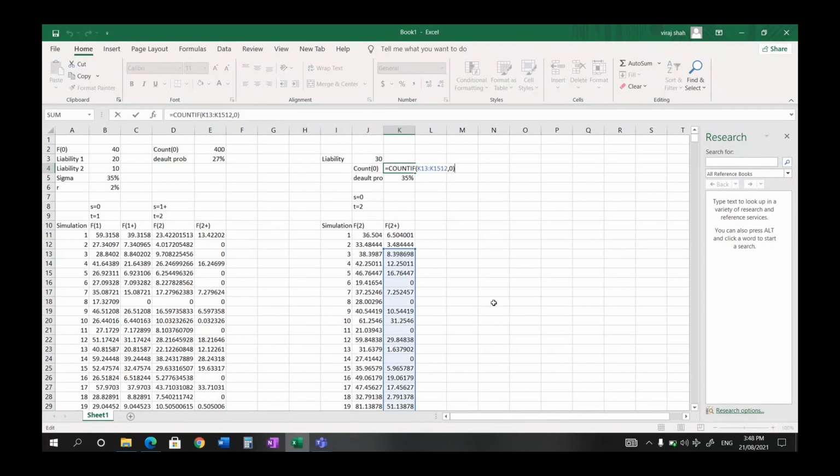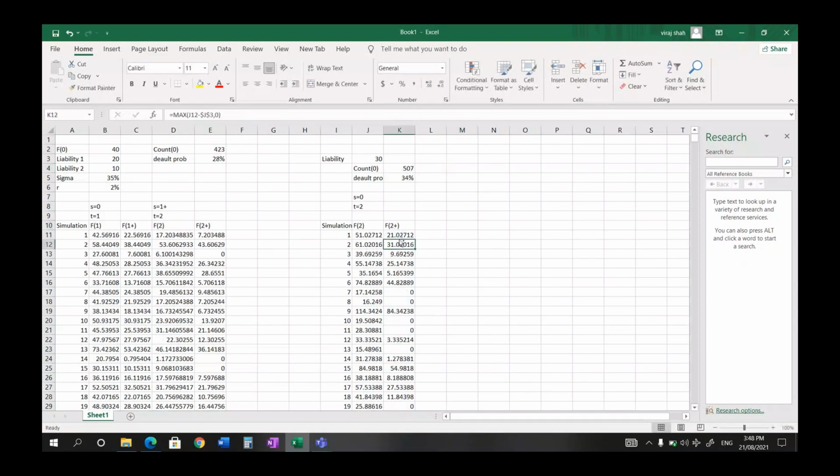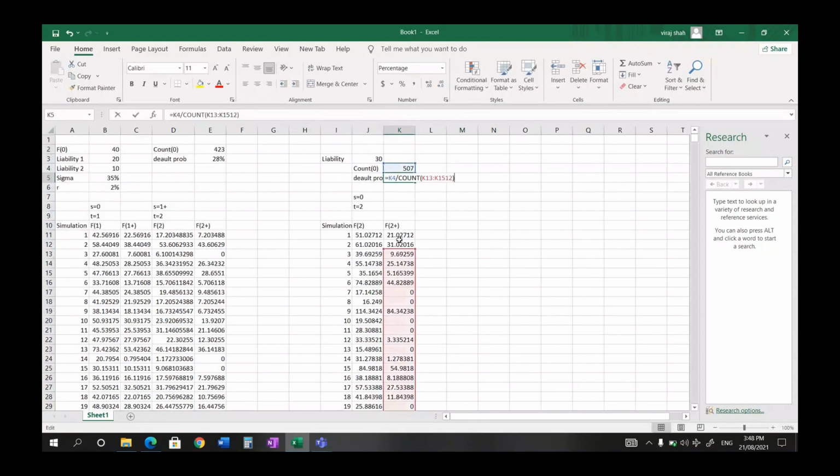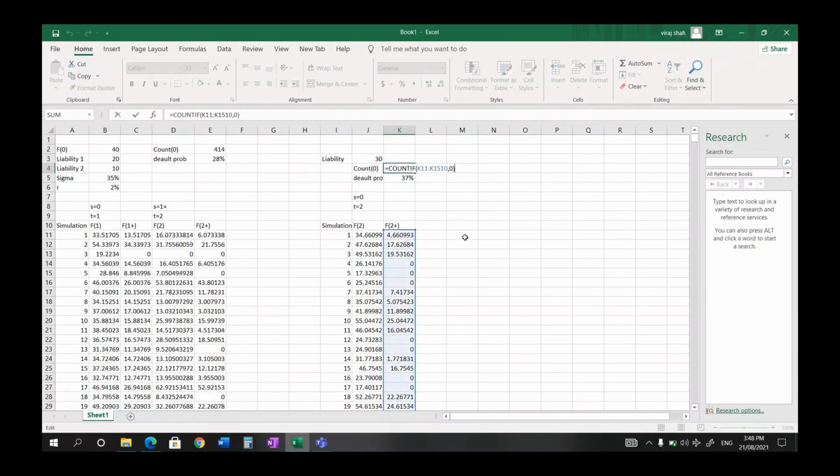Just a second. It is going up to 1510, perfect. Yeah, 1510, and this also a bit above. Yeah, perfect.